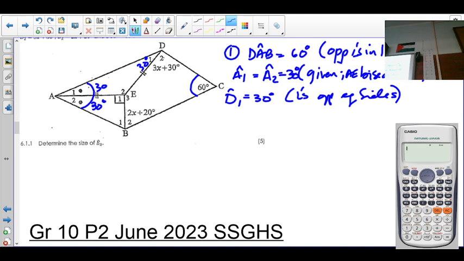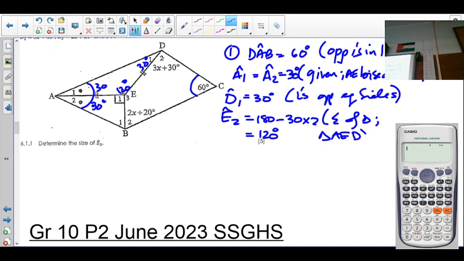Now I can calculate E3. Not so. Sorry, E2. E2 is going to be 180 minus 30 minus 30, which is 120. Why? Sum of angles in a triangle. And this triangle is AED. You don't have to say that part, okay? But have I answered the question? No. So we must still go with E3.